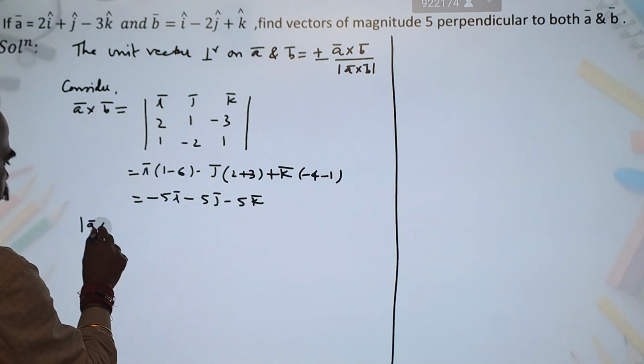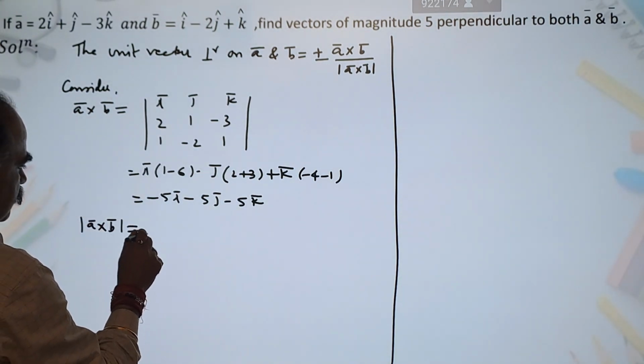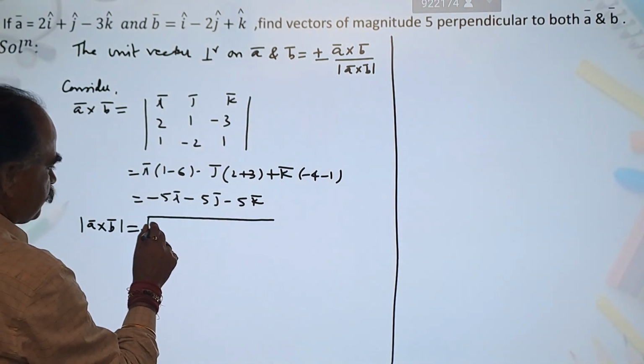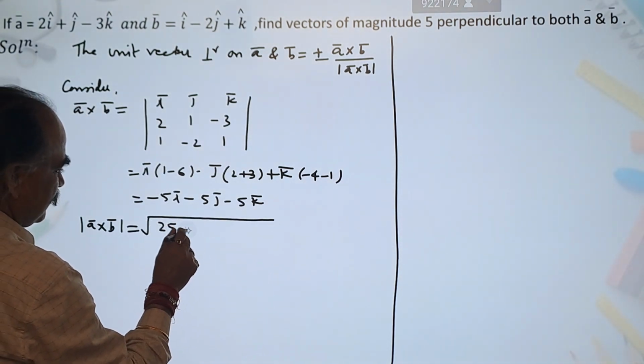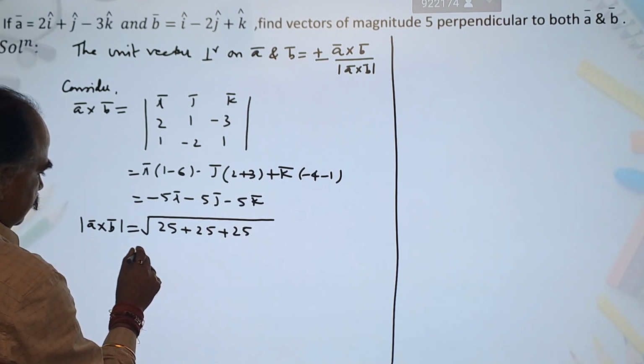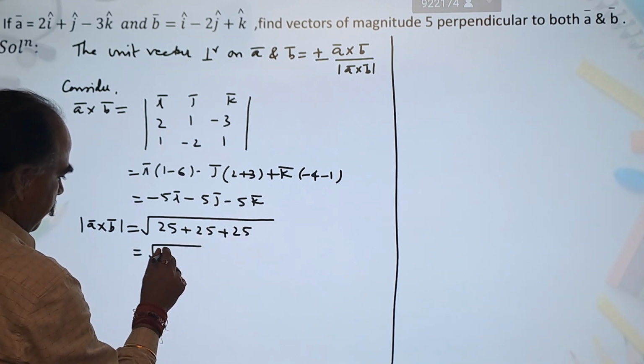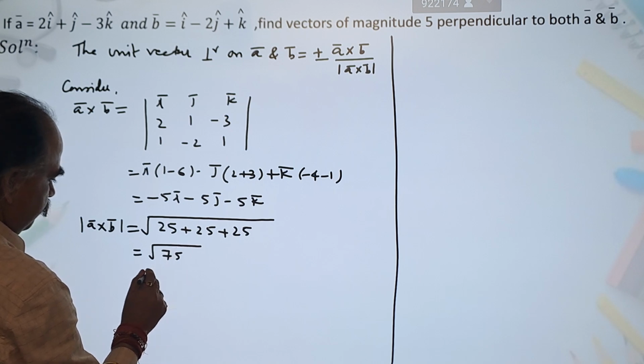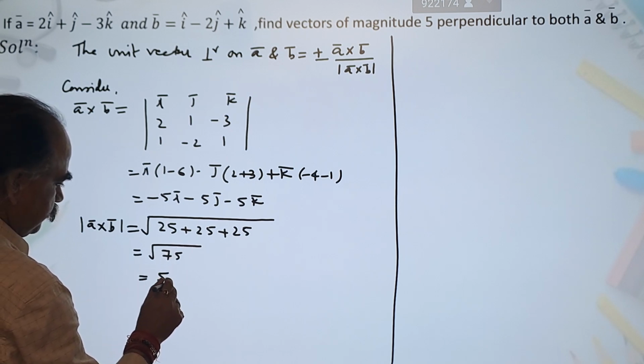Find out the magnitude of A cross B. Root of 25 plus 25 plus 25 is root 75, which is equal to 5 root 3.